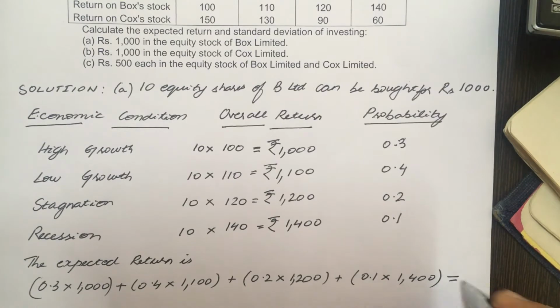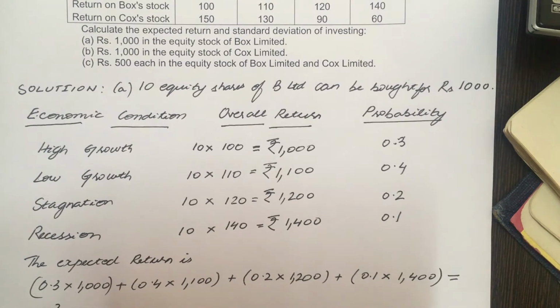So let's calculate. 0.3 into 1000 equals 300. 0.4 into 1100 will be 440.